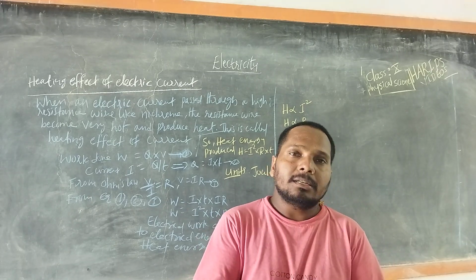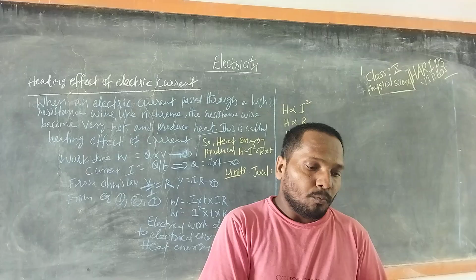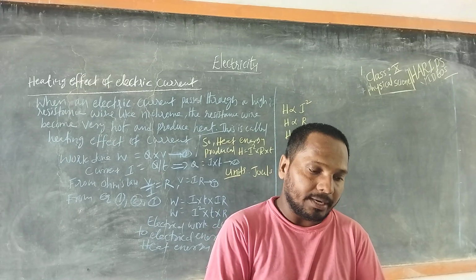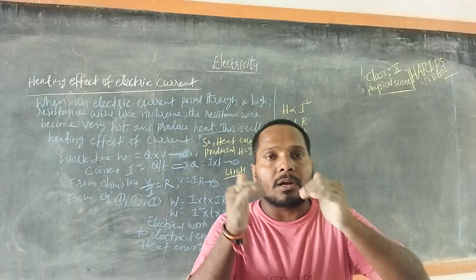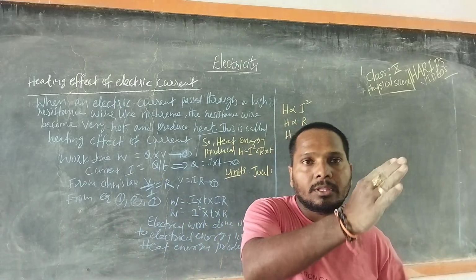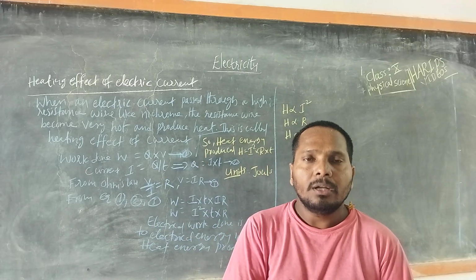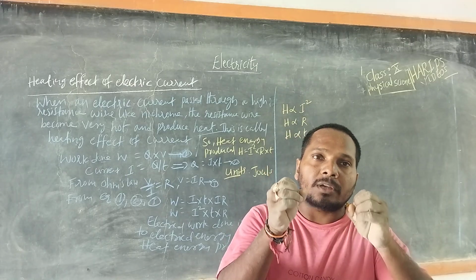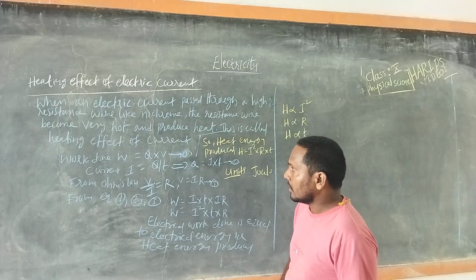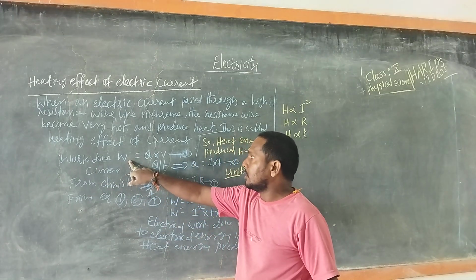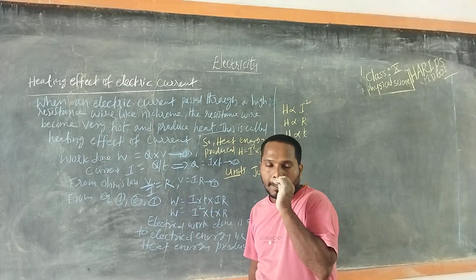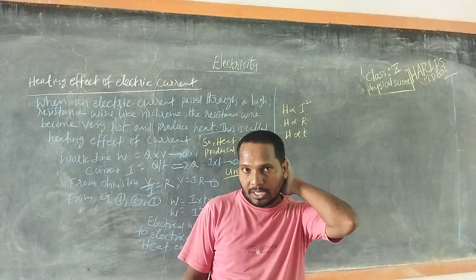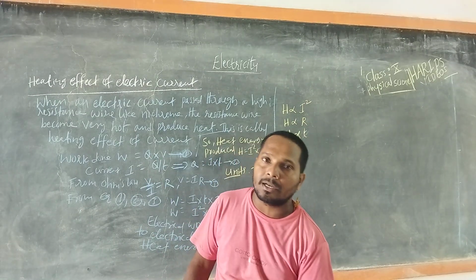Since a conductor like a resistance wire offers resistance to the flow of current, we need to do some work to flow the electric charges. So work done W is equal to Q into V, where Q is the total electric charge passed through.